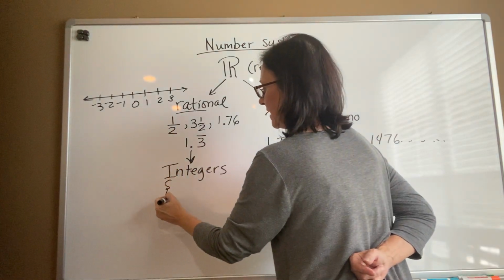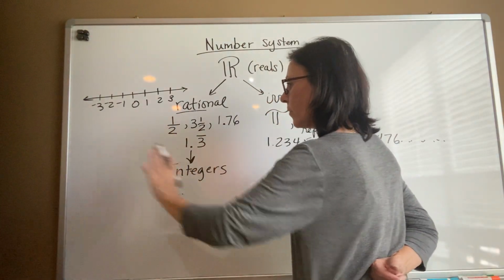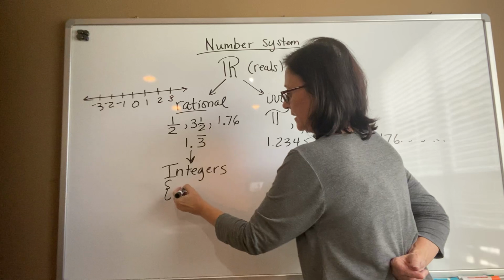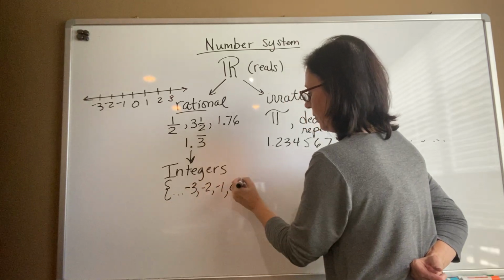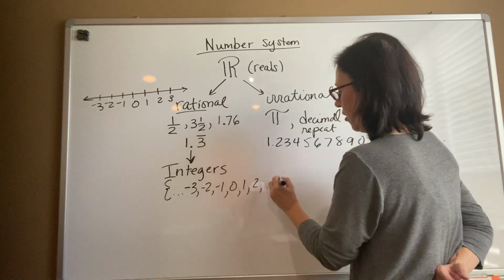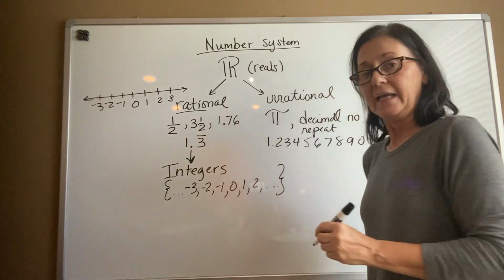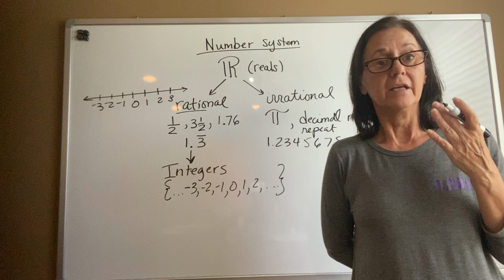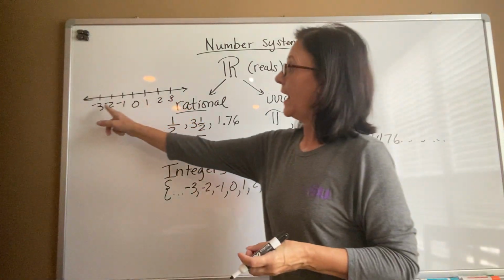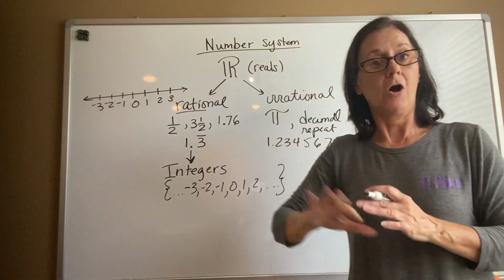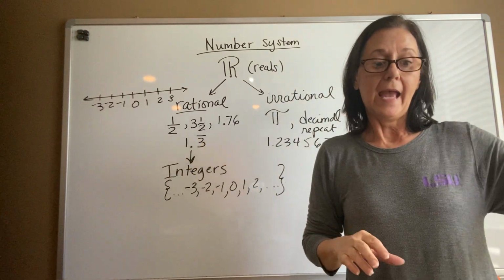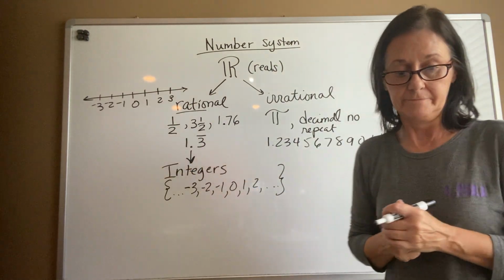So my set of integers goes all the way to infinity in the negative. -3, -2, -1, 0, 1, 2, and all the way into positive infinity. It's every number that we put hash marks on the number line for. All the negatives, 0, and all the positives.